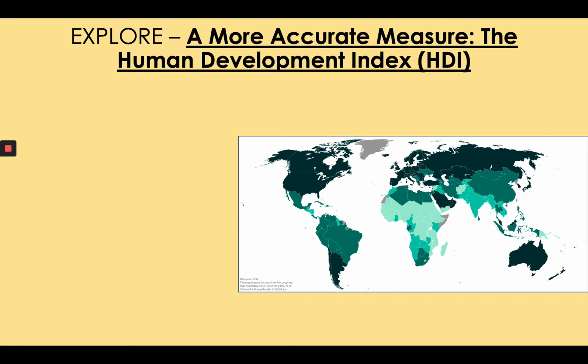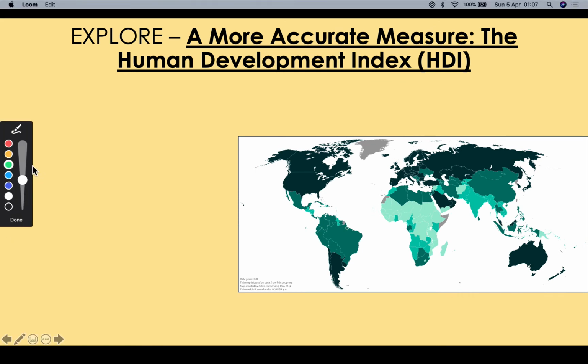Okay. Here's a map of the world based on the Human Development Index, and here's what it shows. It's based on three things. The Human Development Index is three measures of development added together. It shows the literacy rate, the life expectancy, and finally the GDP per capita.